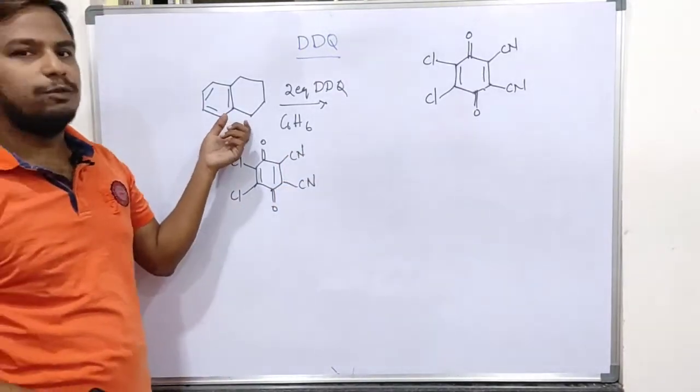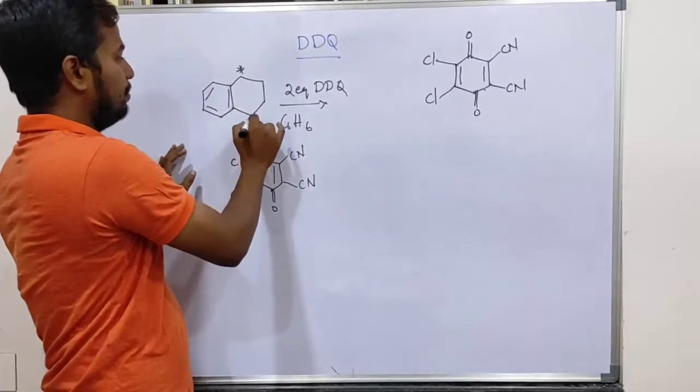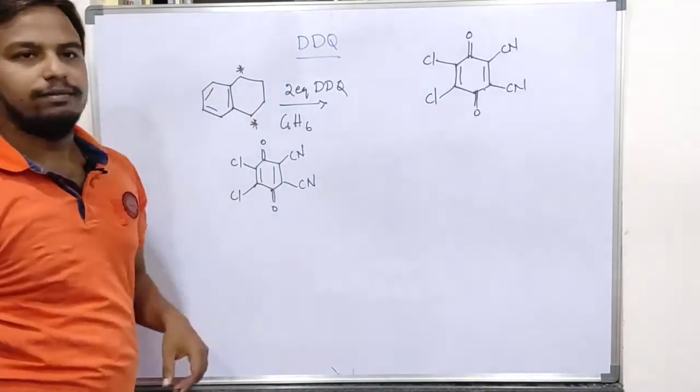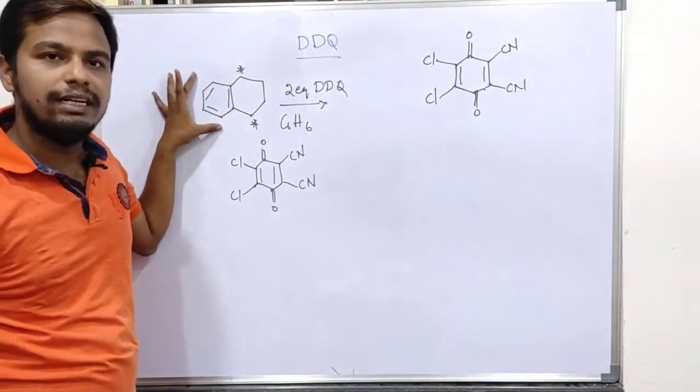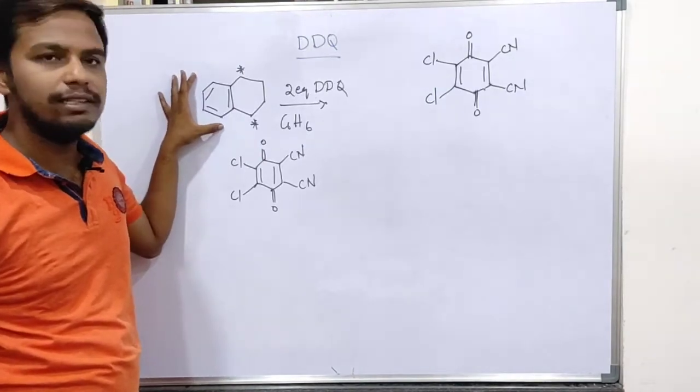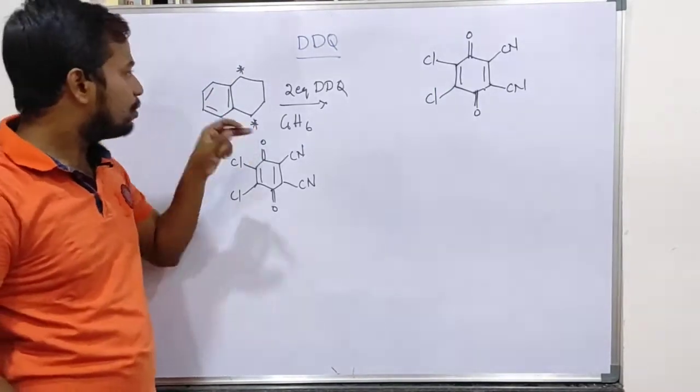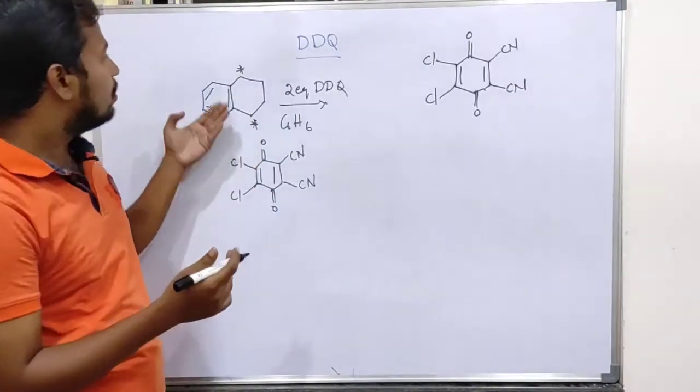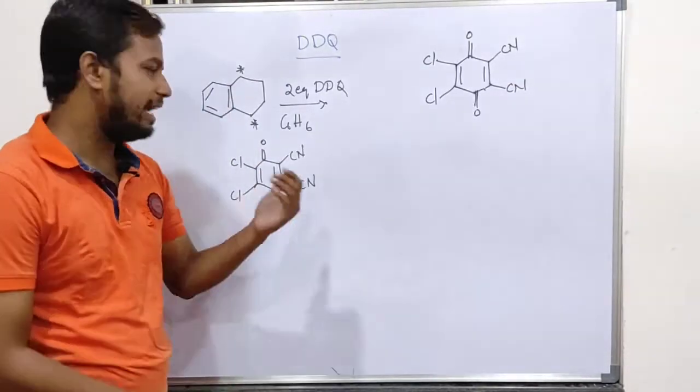If you carefully observe the species, this is the benzylic position. Am I correct? The carbon which is attached directly to benzene is called the benzylic carbon. Here two benzylic carbons are present, so both have equal chances to react first.